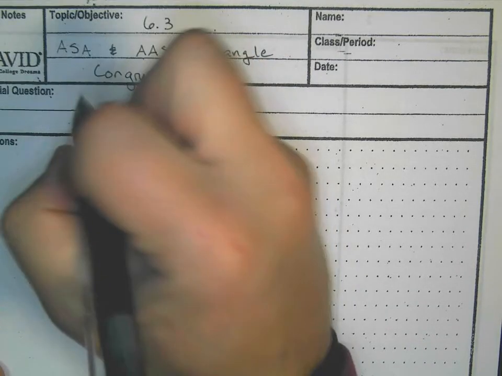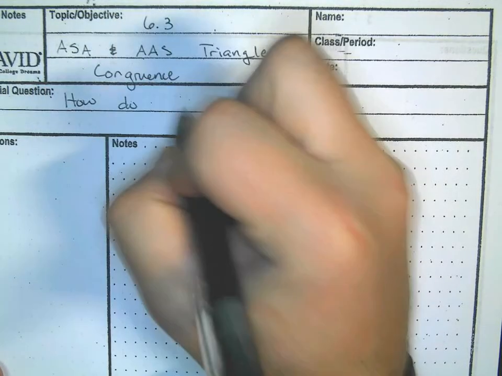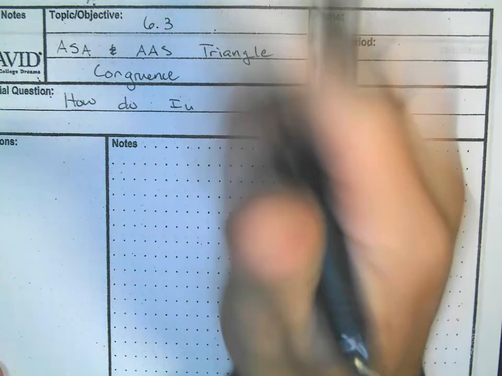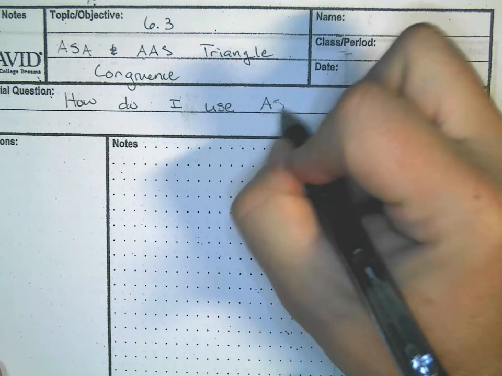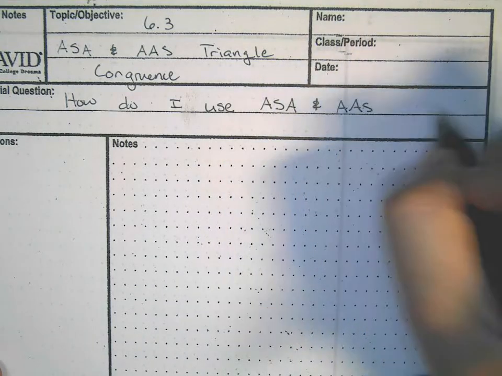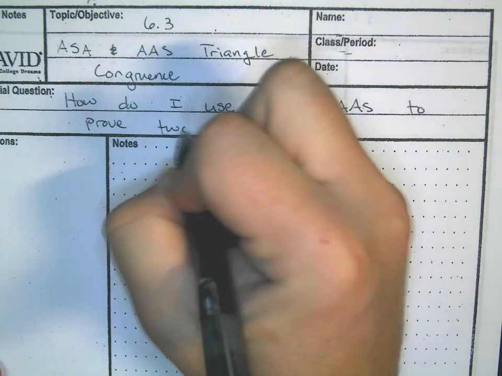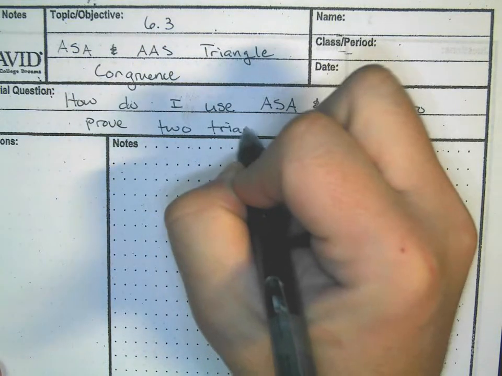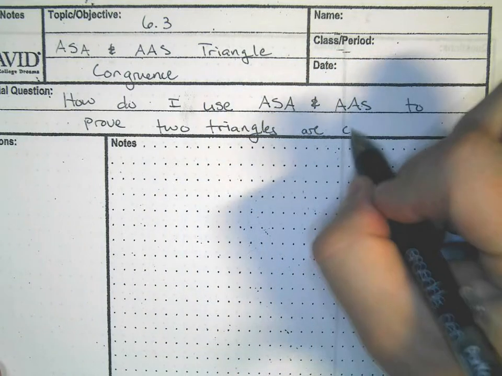And our essential question is, how do I use ASA and AAS to prove two triangles are congruent?